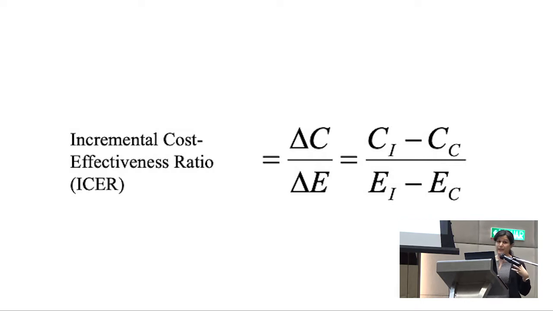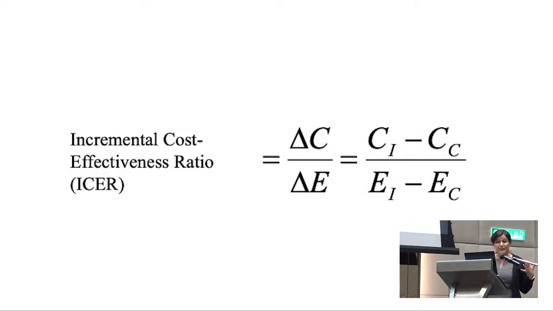What's really neat about this is you're not just looking at cost or effectiveness in a vacuum, which we are often guilty of doing. You're actually making that comparison and looking at the marginal or incremental benefit as well as the incremental cost. So you can imagine if we have an intervention that is incredibly expensive to implement, but only makes a small improvement in effectiveness.